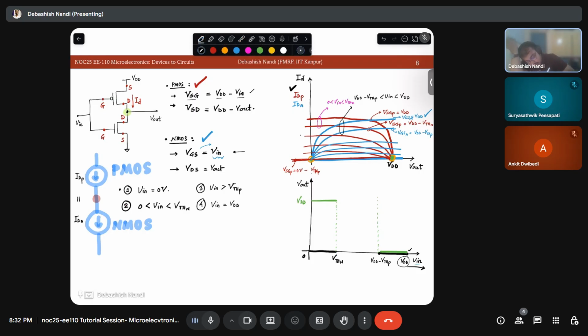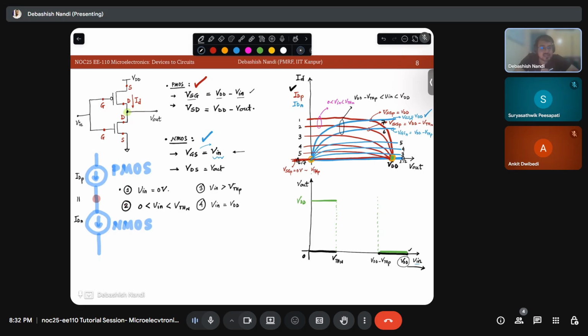This is 1, 2, 3, 4, 5. Similarly, this will be your 1 and 2, 5, then 6, 7 is this line only. Similarly, this will be your 1 and 2. This will be 3, 4, 5, 6 and 7.